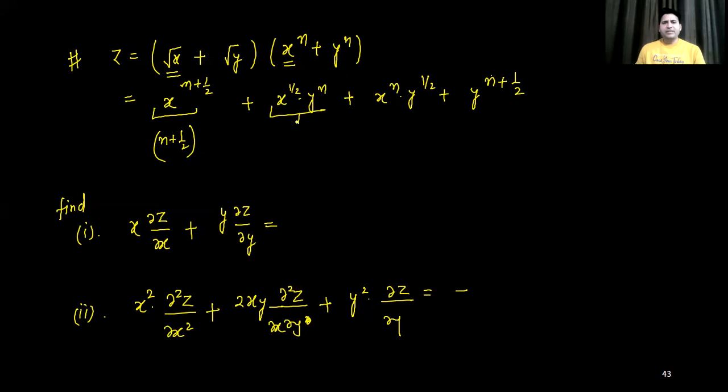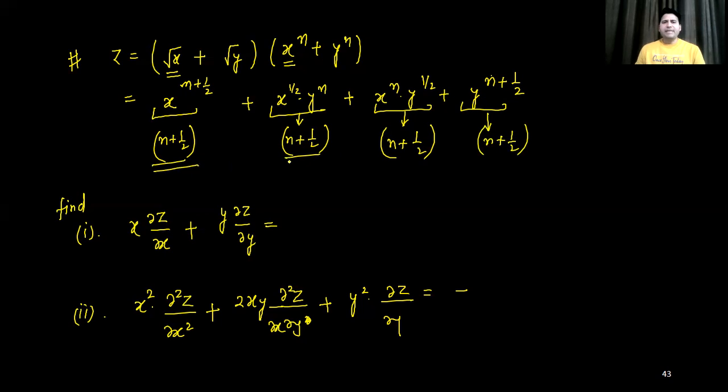The degree of this term is n plus 1 upon 2. The degree of this term is n plus 1 upon 2, and similarly the degree of this term is n plus 1 upon 2. Each of the terms has the same degree. It means this is a homogeneous function of degree n plus 1 upon 2.